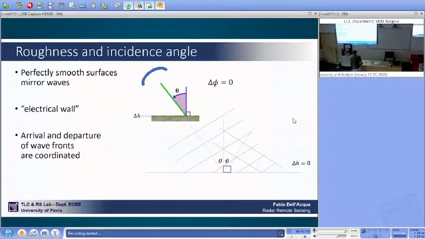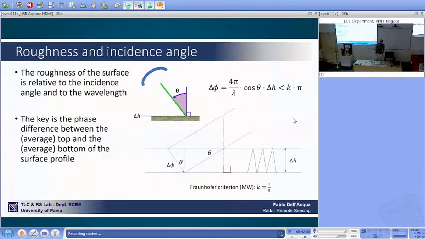Because the radiation gets scattered. If the surface becomes rough, then I cause a number of displacements across the elementary elements of reflected waves, which tend to cancel each other. It becomes scattering, meaning that the radiation is distributed across a range of different directions.